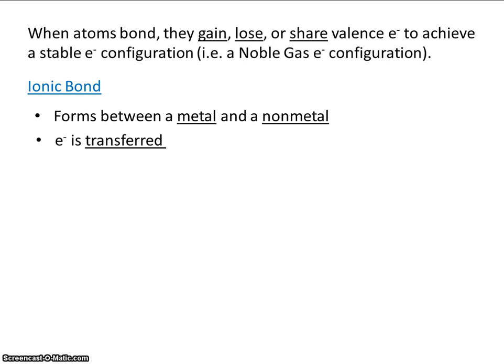During ionic bonding, an electron is transferred. The classic example is sodium plus chlorine. This electron from sodium here will be transferred over to chlorine to make sodium chloride.